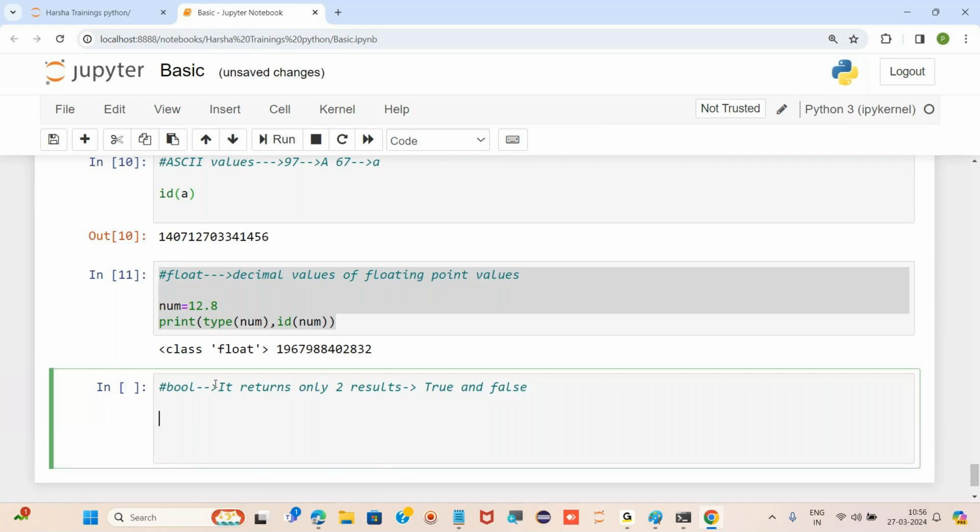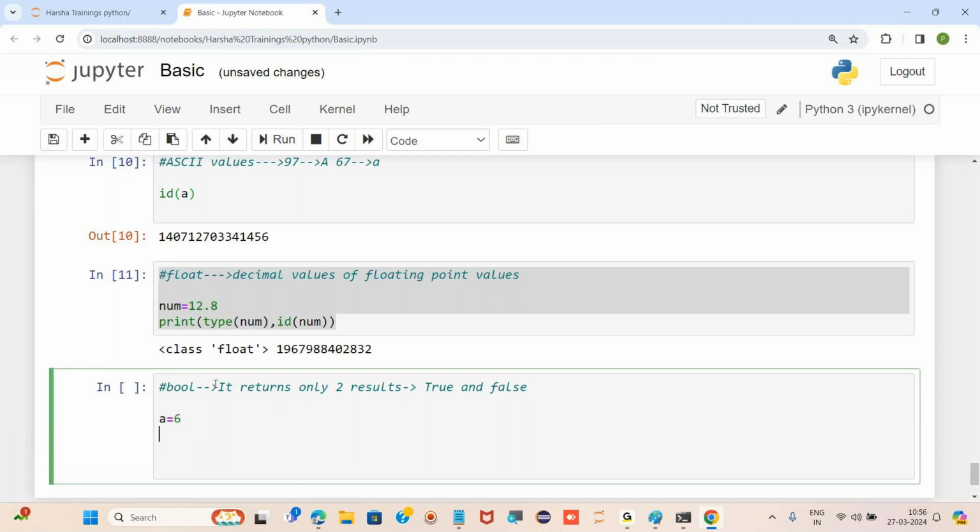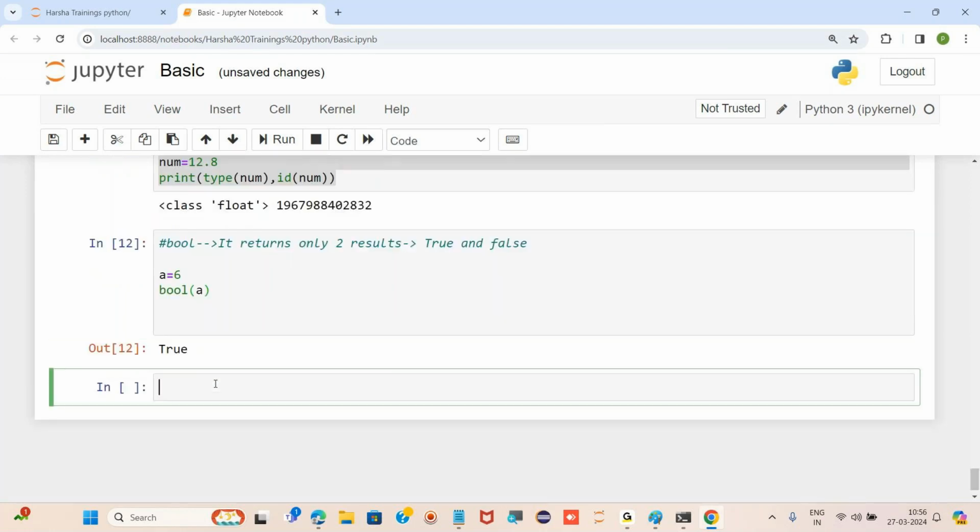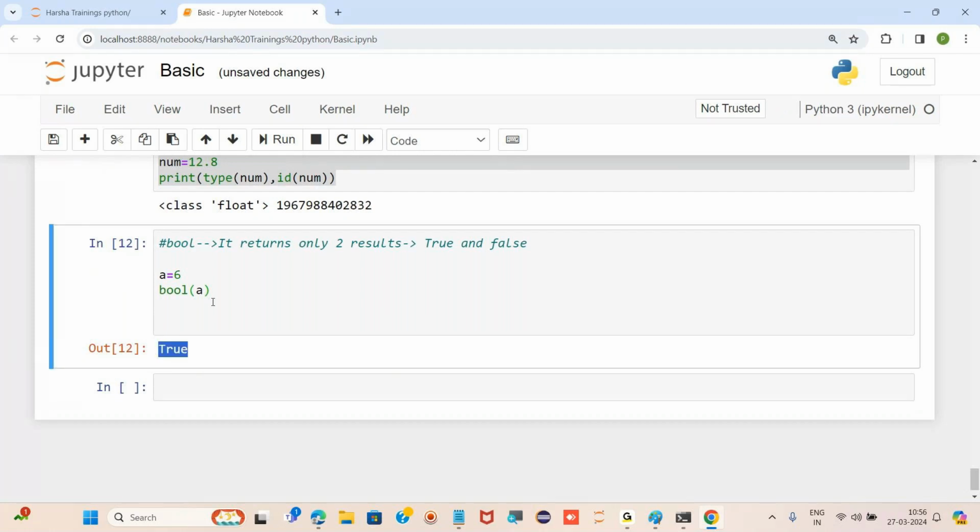Now, how can we work on this? Let's suppose I am taking a is equals to 1, or any number like 5, 6. Now I am trying to convert this same a, which is storing 6, into boolean. It is giving true. Why?